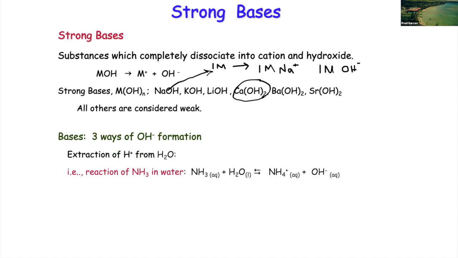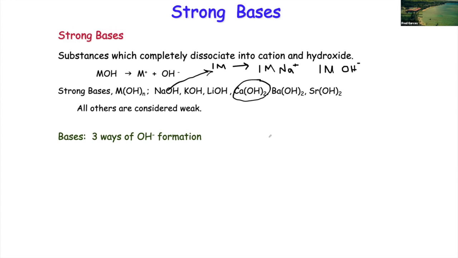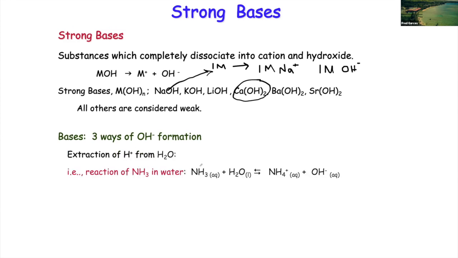Other bases are going to be ones in which a chemical will react with water, and when that occurs, there's a lone pair on that nitrogen, and so the water will give up its hydrogen.